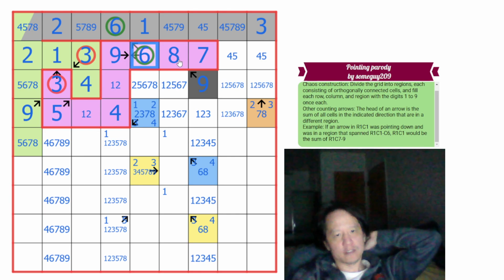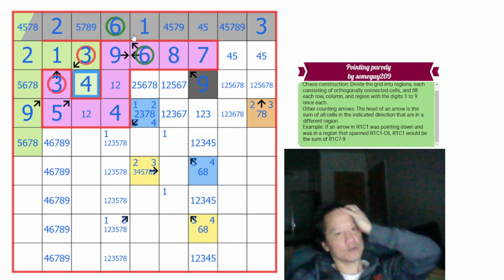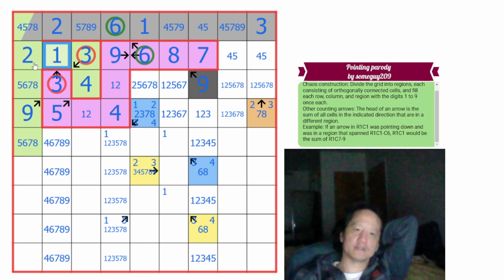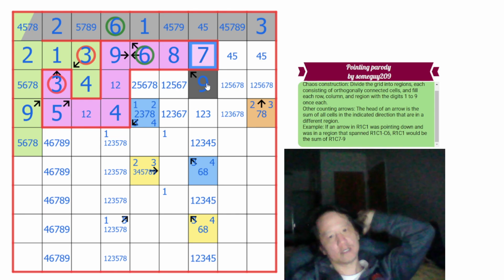This has to be 6. This is 7 and 8, so therefore this can't be 7 or 8. Therefore it's 5. Therefore this is 4, and that's 1, which makes that 2, which makes that 1, which makes that 2. So this has to be 1 and 7, or 1 and 8. If this becomes 1, 7, this is 8, and therefore that's 8, which is not allowed.